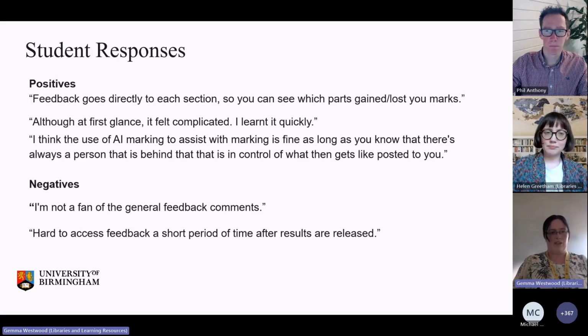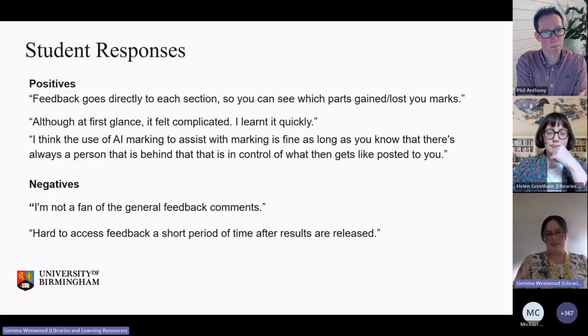In terms of student feedback, in general, from surveys and focus groups, students were pleased with how they received feedback in Graide. They liked how it was related to specific responses and how it allowed them to identify where they'd gone wrong more easily. They did acknowledge that there was a bit of a learning curve in using the tool to make it valuable to their learning, although that's balanced out by the ability to see exactly where they'd gone wrong.